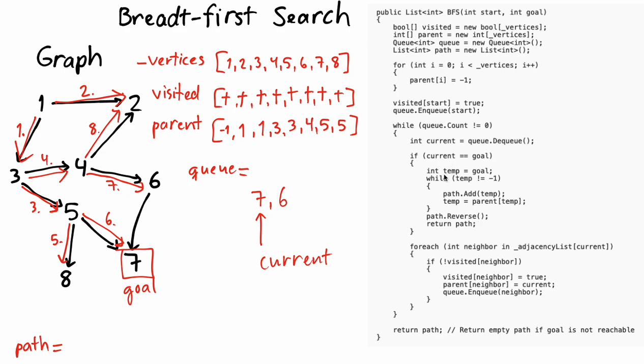What that means is we set that our temp is goal. So temp is going to be 7 at first, and while that temp value is not -1, we add this one to path. So we add 7 to our path.